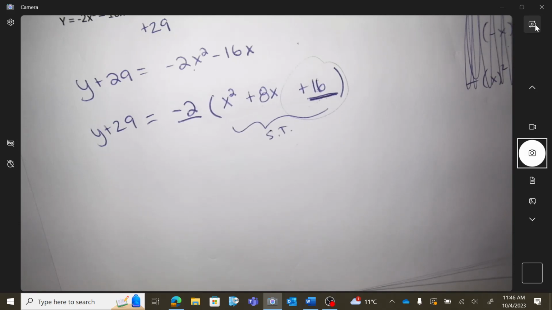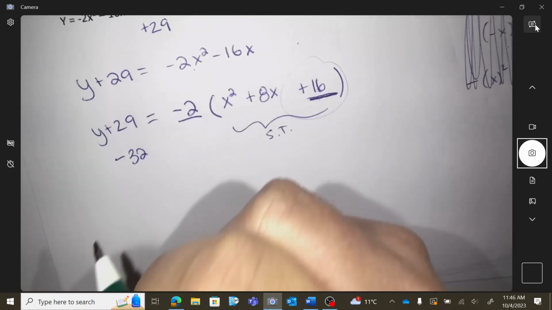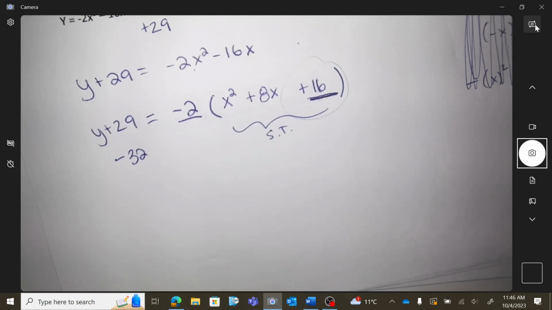What are you going to change the other side by? And be careful. The answer is not add 16, so be careful. What are you going to add? What are you going to put on the other side? -32.